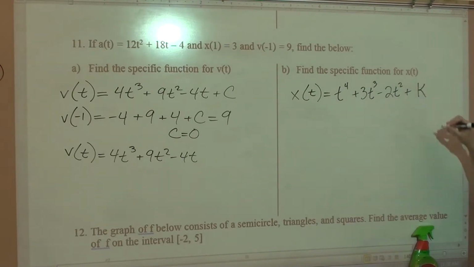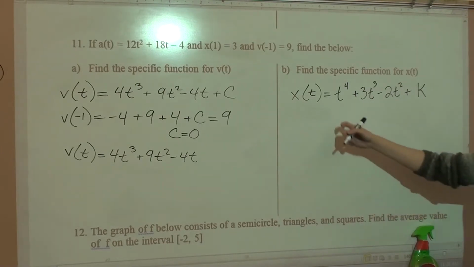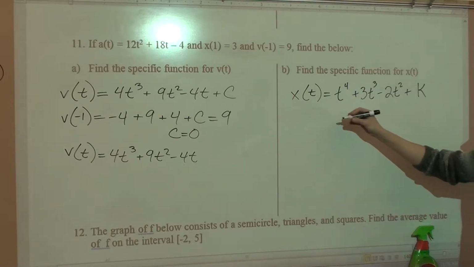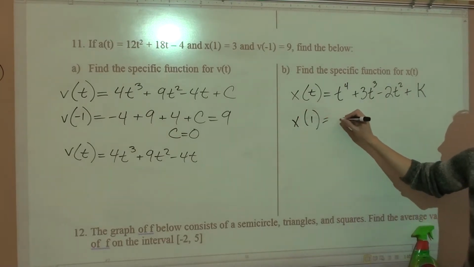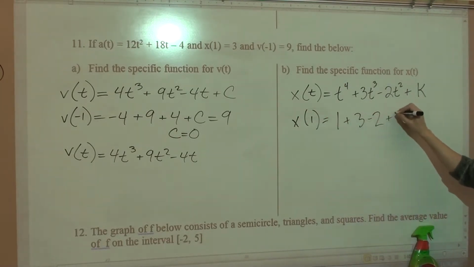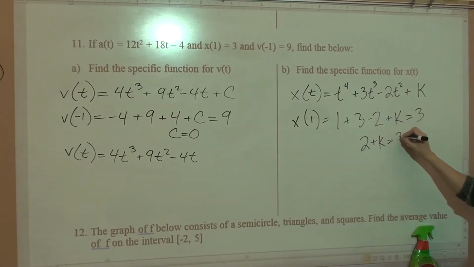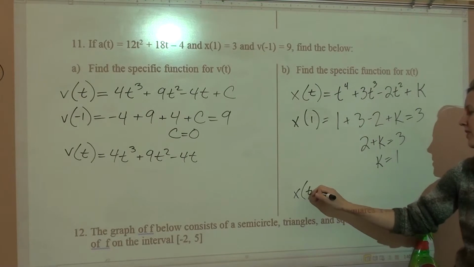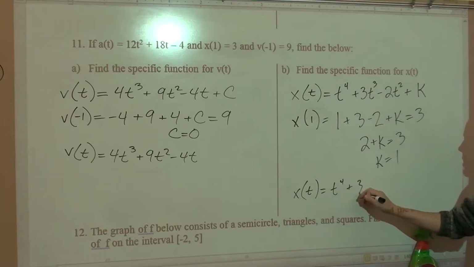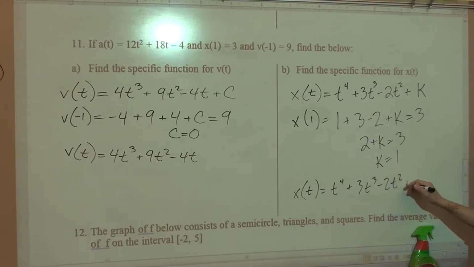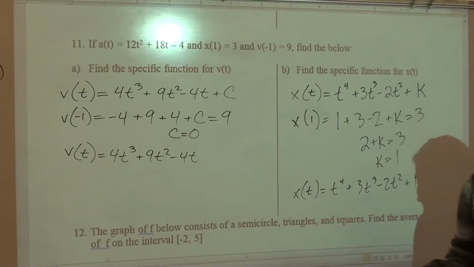K. Because I can't use C since I've already used it in this problem. Or you could use C sub 1 and C sub 2. So now I know x of 1 equals 3, so I'm going to go 1 plus 3 minus 2 plus k equals 3. So you get 2 plus k equals 3, k is 1, and then you just rewrite, right? Make sense?